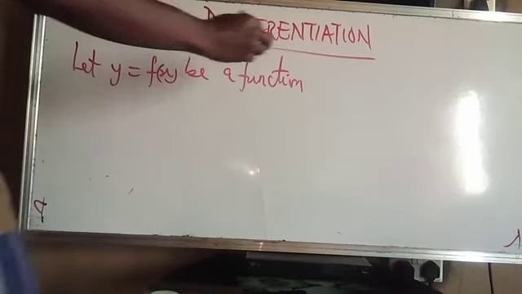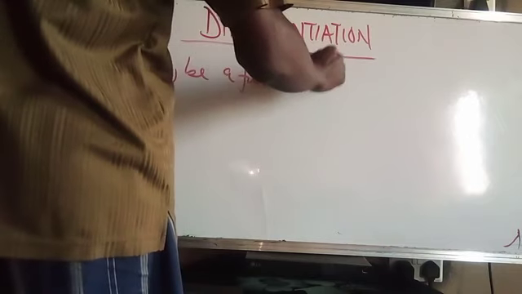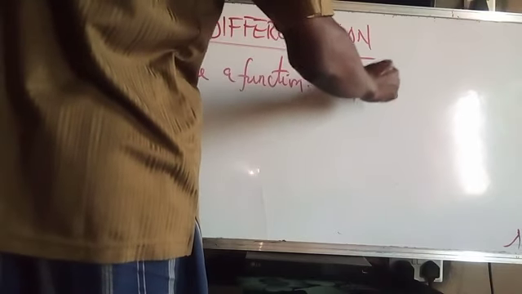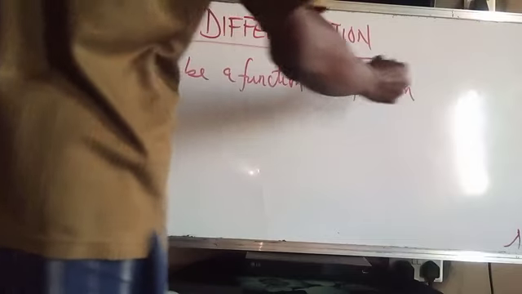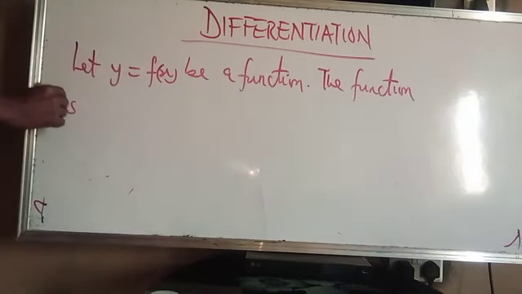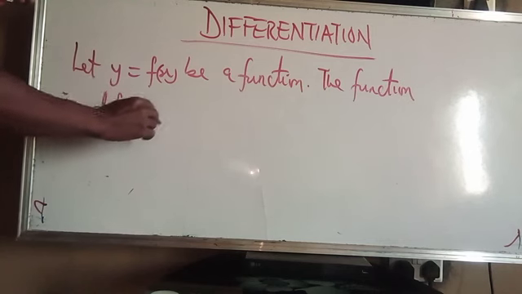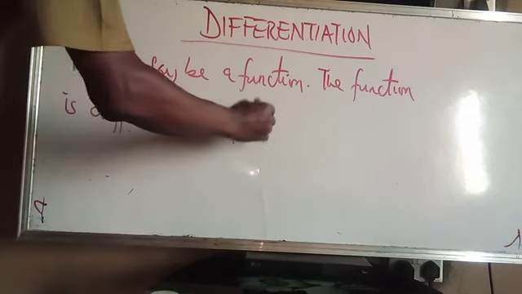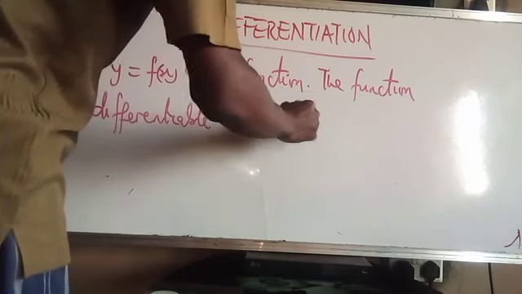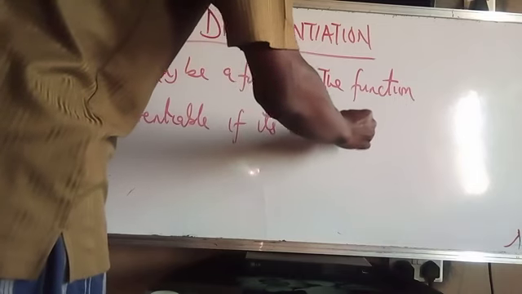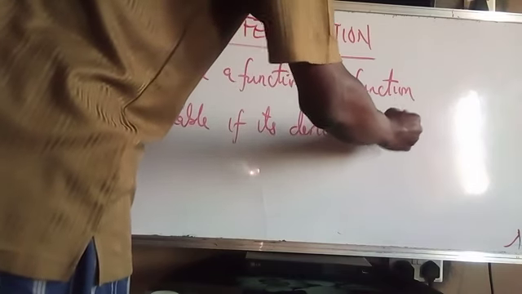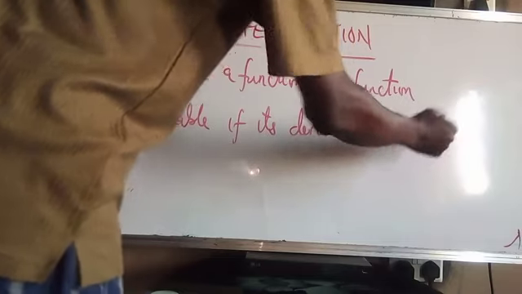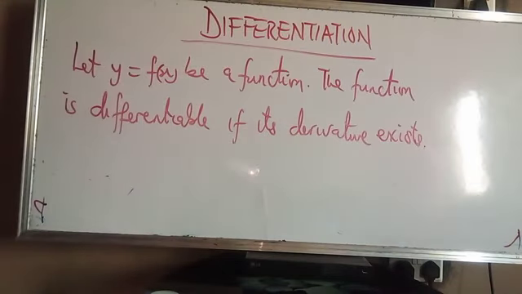Now, the function is differentiable if its derivative exists. And for the derivative of a function to exist, its limit must exist as well.